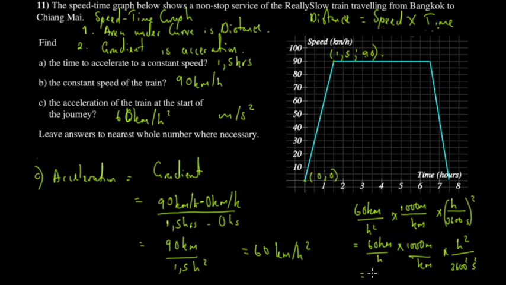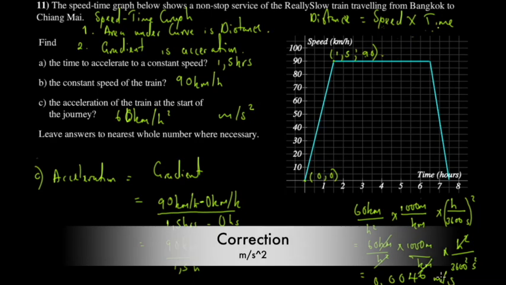Before using the calculator, you see these cancel, so you just have 60 multiplied by 1000 divided by 3600 squared. Then you get 0.0046 meters per second squared.